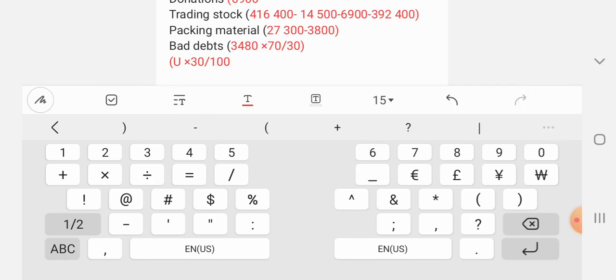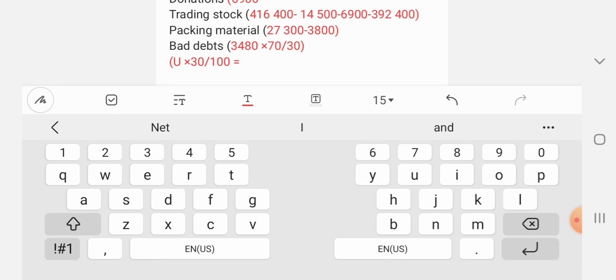That's 30%, right? It equals 3,480. Yes. So we need to solve for u.